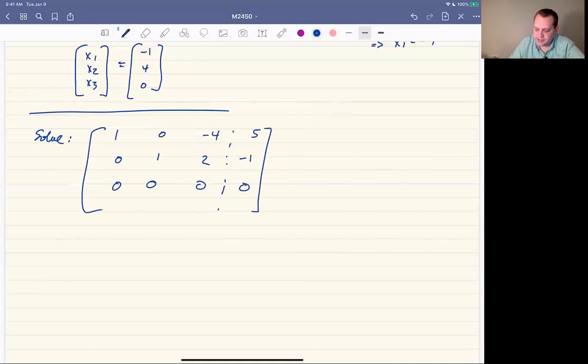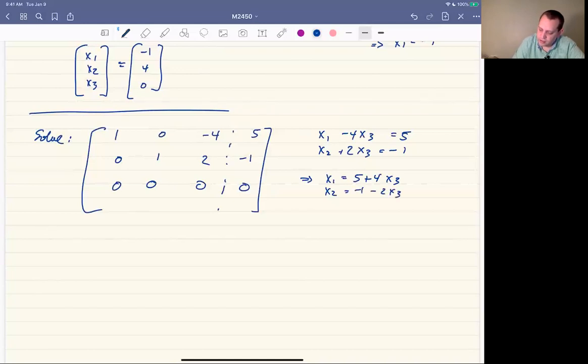So in our case, this is going to reduce to x1 minus 4x3 equals 5, and x2 plus 2x3 equals -1. And what you can do is add the x3 terms to both sides. So that means that x1 is going to be 5 plus 4x3, and x2 is going to be -1 minus 2x3. And here we could parameterize our solution set. Let's say x3 is t.